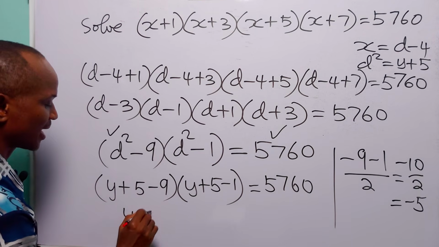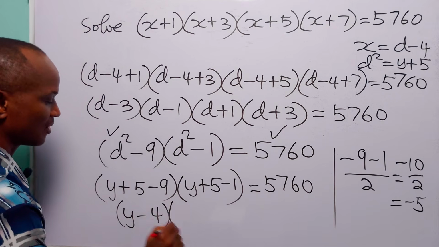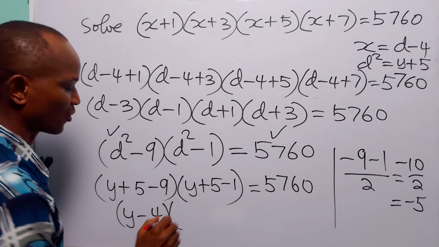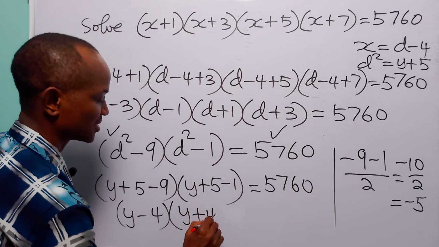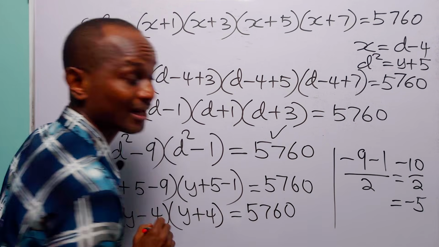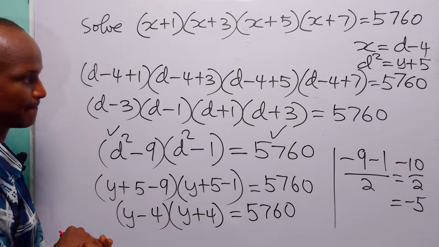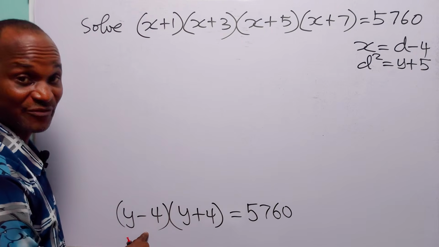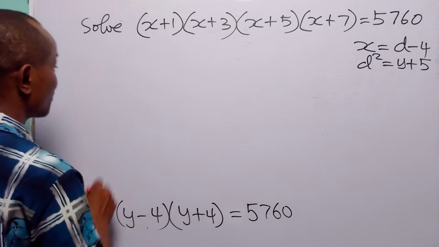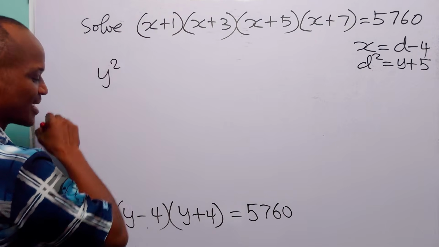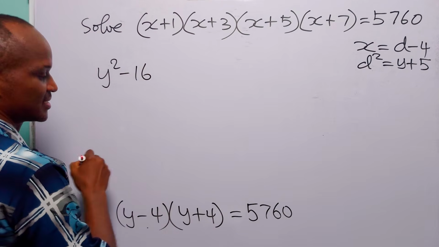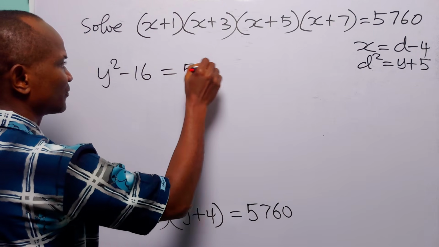So we have y minus 4 multiplied by, 5 minus 1 is 4, y plus 4. This is equal to 5,760. Now, once more here, we have the difference of two squares. So when we multiply these two factors, we have y squared minus 4 squared, which is equal to 16.